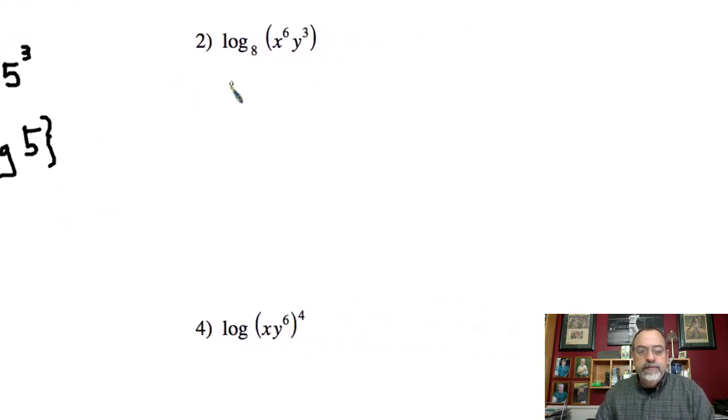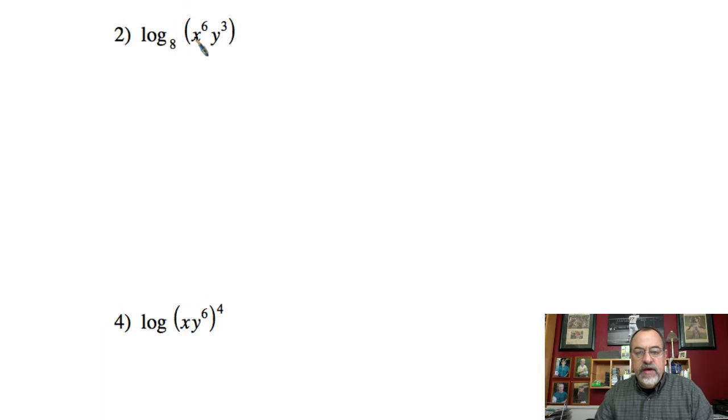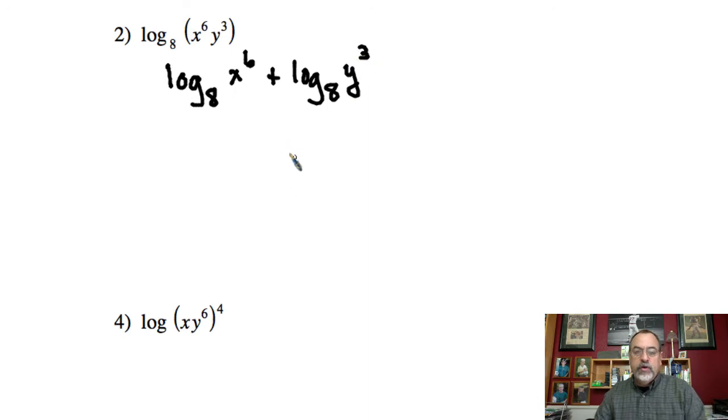Okay. In our second example, again, we have a number being multiplied by a number, and we also have a power to it as well, so we're going to apply both properties. So the log base 8 of x to the 6th, that number is going to be added to the log base 8 of y cubed. Because those are being multiplied together, we add, and then we have this log base 8 of x to the 6th, which is an exponent raised to another exponent, so the 6 can be moved out in front, log base 8 of x.